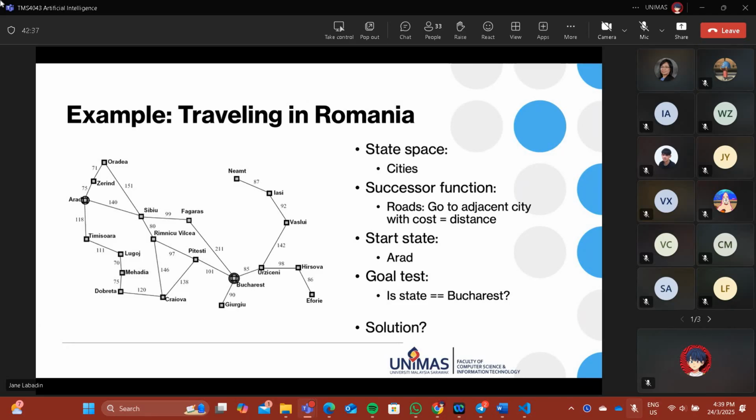So what is the solution? We can see here you can have Arad to Sibiu to Fagaras to Bucharest. That is the shortest, I would say. But obviously, there are many solutions. You can actually have Arad to Timisoara, to Lugoj, to Mehadia, Drobeta, Craiova, Pitesti, and then Bucharest.